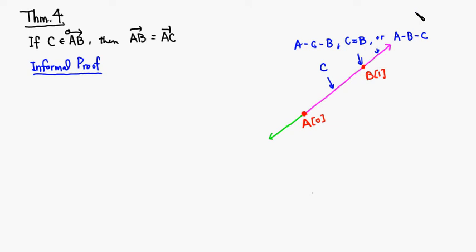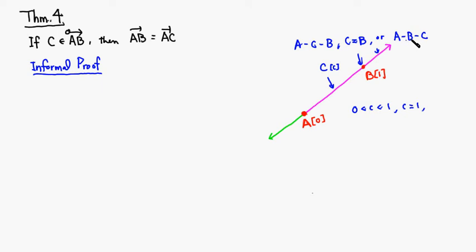Then using a previous theorem, Theorem 3, we can talk about their corresponding coordinates. Since C is between A and B, its coordinate, lowercase c, would be between 0 and 1. Or if C is equal to B, then c is equal to 1.